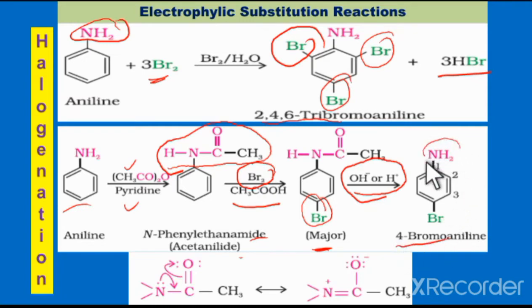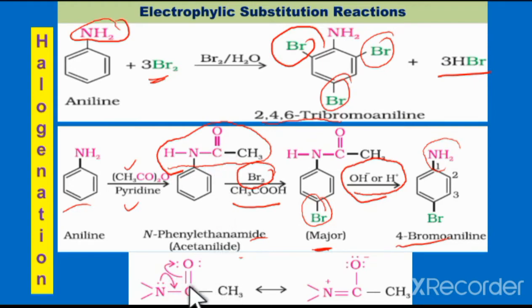4-bromoaniline is obtained. Here this N-phenyl ethanamide is less reactive because the lone pair of electrons on the nitrogen, which in aniline is delocalized into the benzene ring, is delocalized towards the C=O CH3 group.